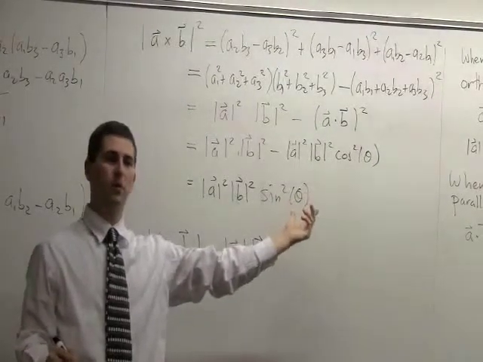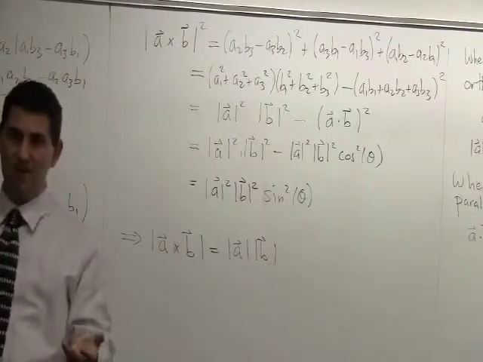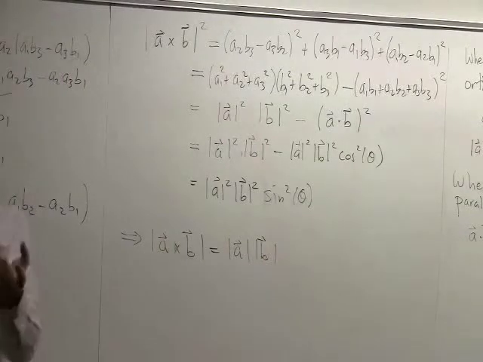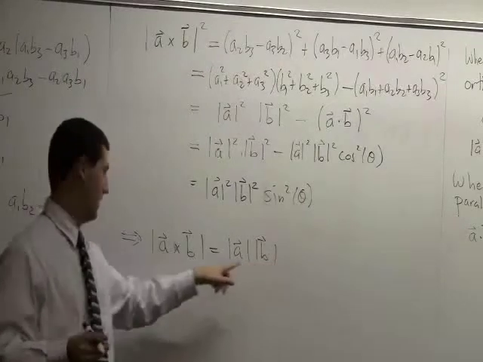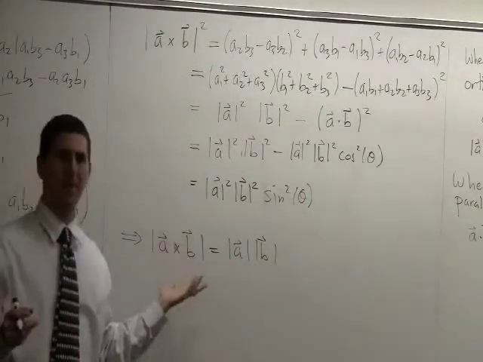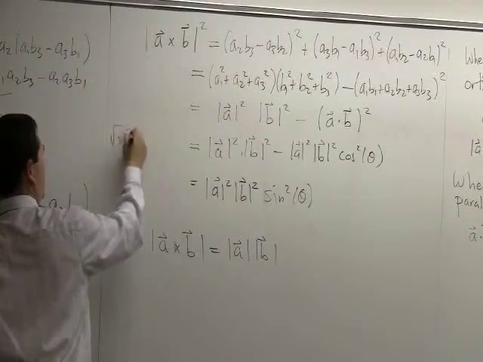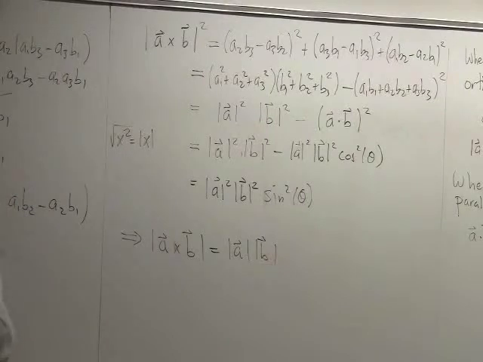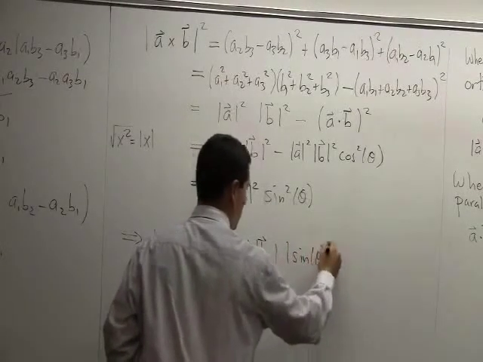So when I take the square root of sine squared theta, I don't just get sine theta anymore. If you did, then that could be negative potentially. And if that was negative, and these are positive, then this would have to be negative, but it's a norm. It can't be negative. So when you take the square root of x squared, remember that it's not just x, it's absolute value of x. You should always get something positive out. So you have to put here absolute value of sine of theta.